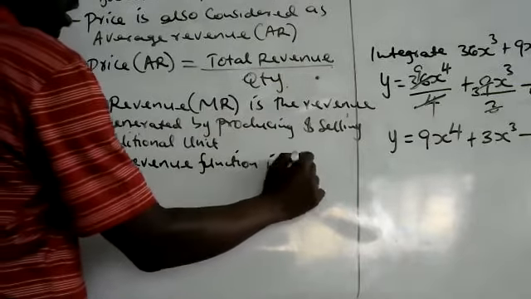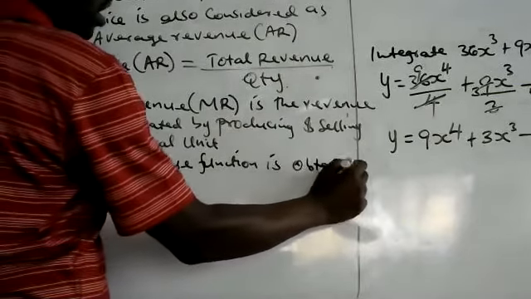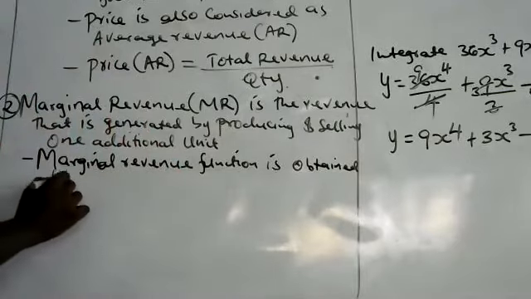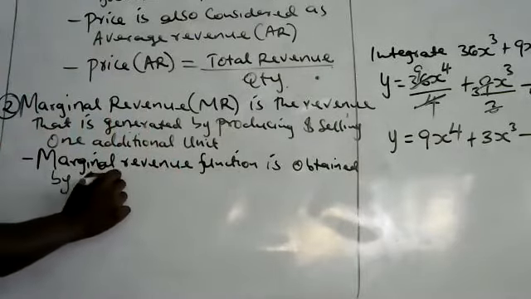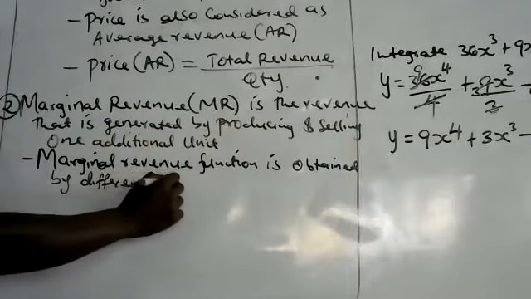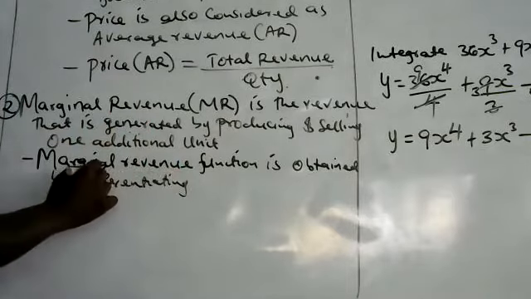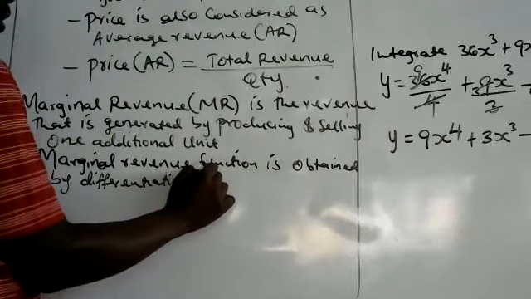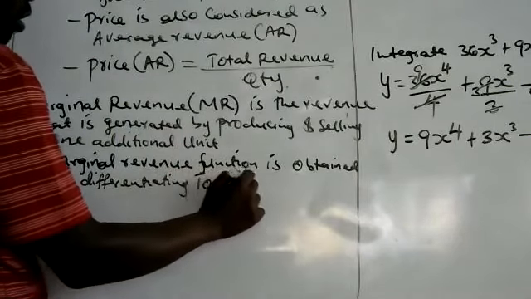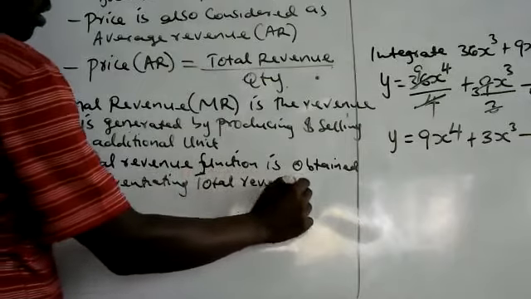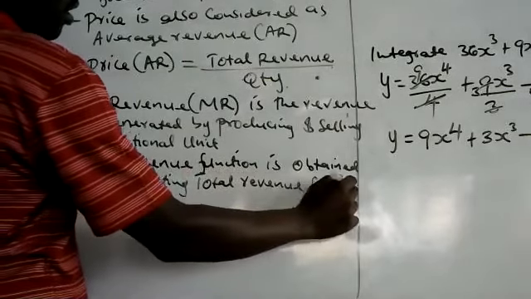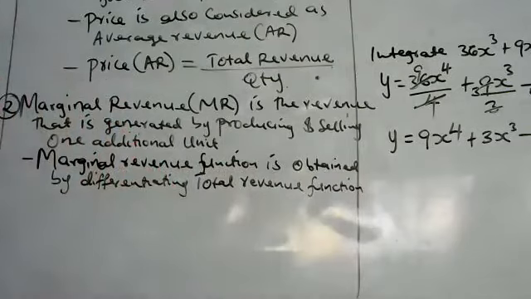The marginal revenue function is obtained by differentiating the total revenue function.